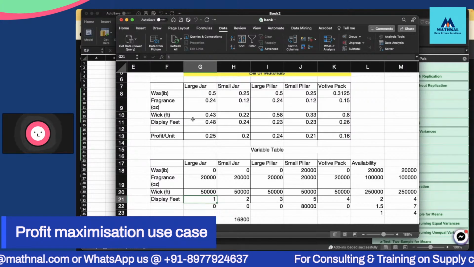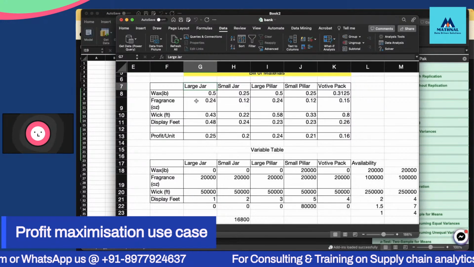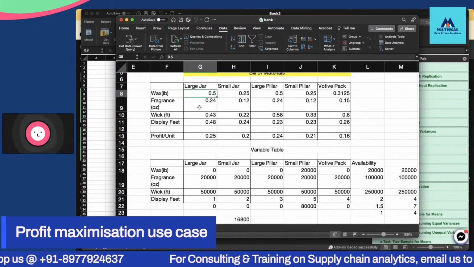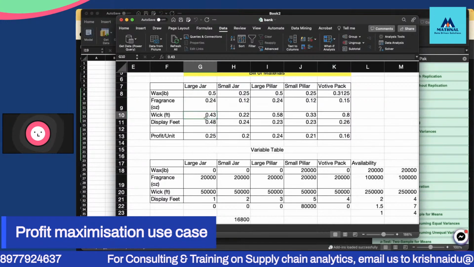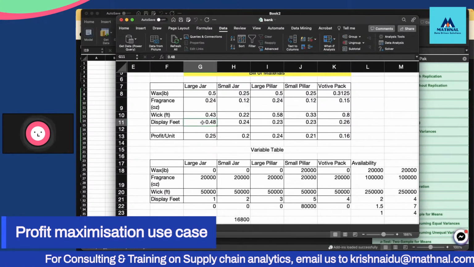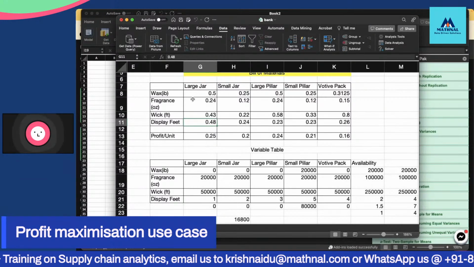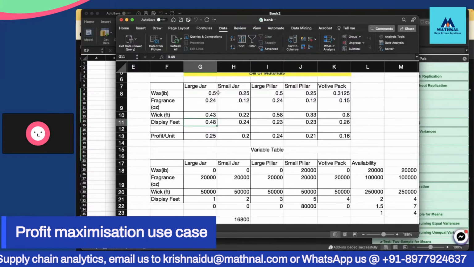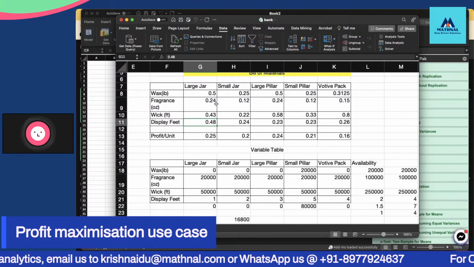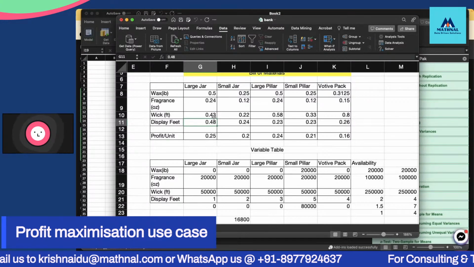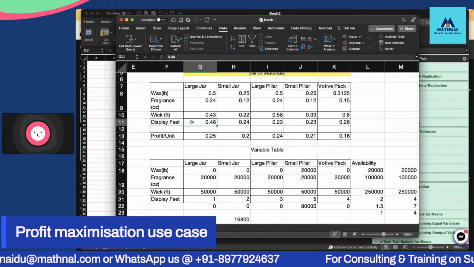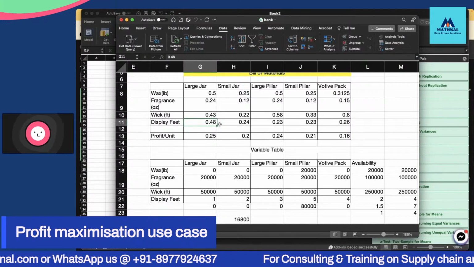To manufacture one unit of large jar, we require 0.24, 0.24, 0.43, 0.48. If you have to manufacture two jars, we require 0.48, 0.6, 0.2, 0.86, 0.96.